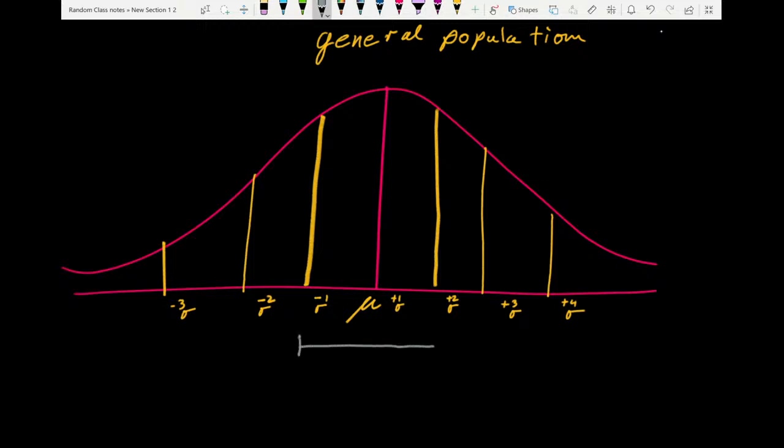From plus 1 to minus 1, it covers 68% of the population. And if we have 68, then each region will have 34% of the population. Any question yet? No? All right.